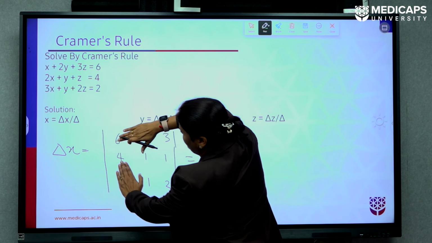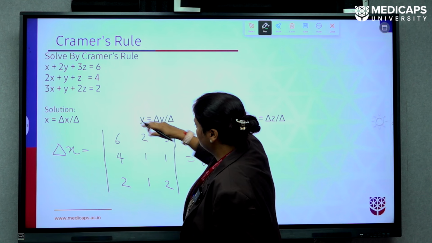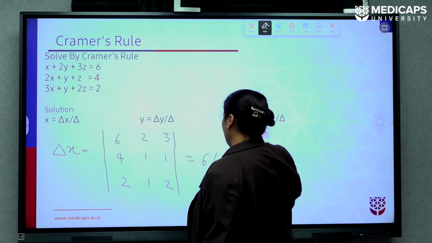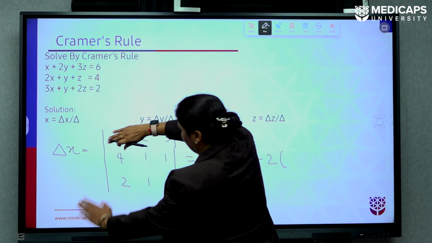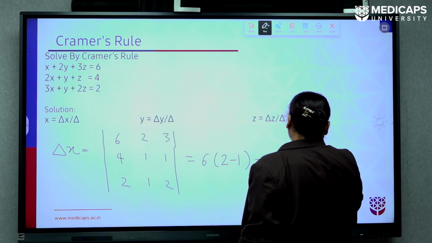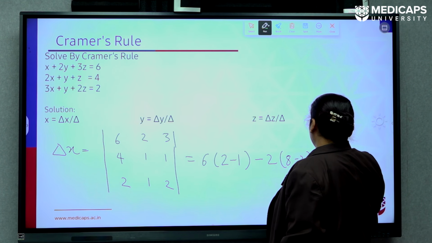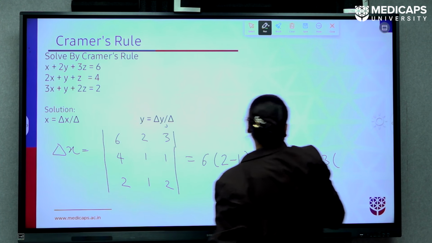Again, you can expand by any row or column. So we are expanding corresponding to the first row, so it is 2 minus 1 minus 2 into this, hide this, 4 2 8 minus 2 and plus 3. We did it like this, hiding 2 minus 1.